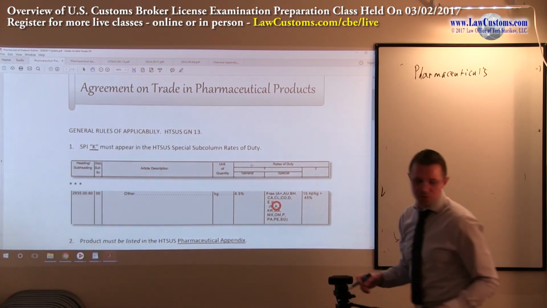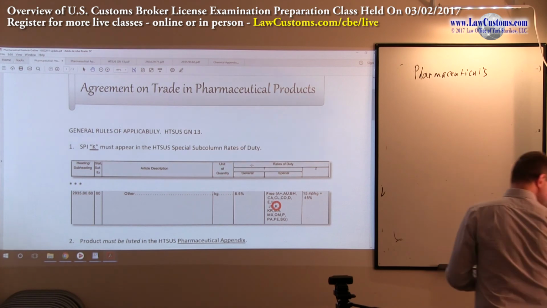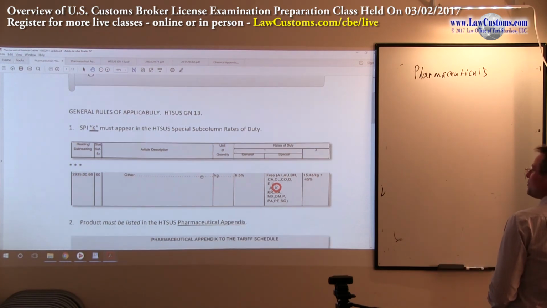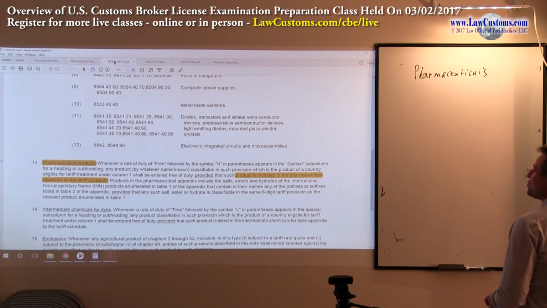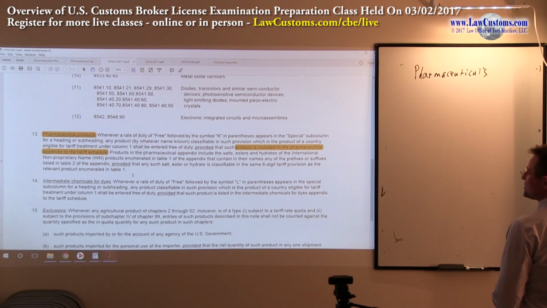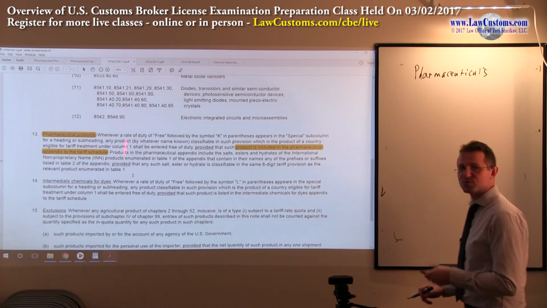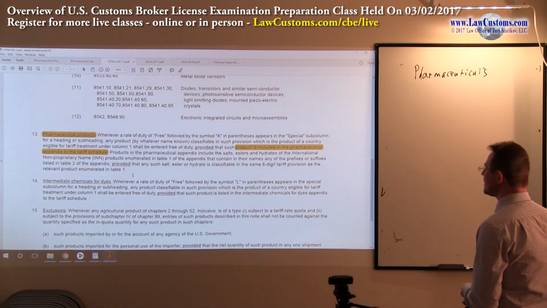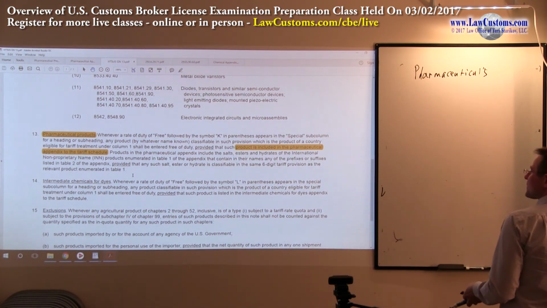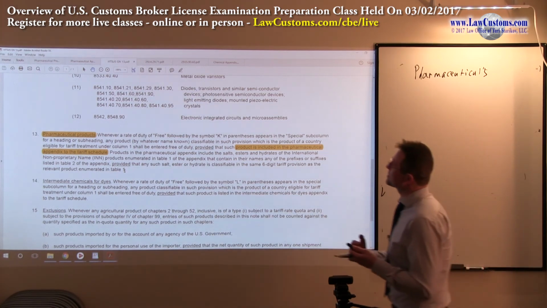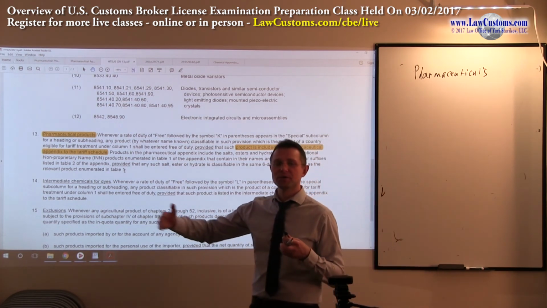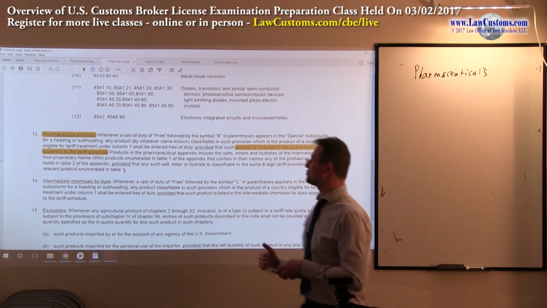So what's there to know about the pharmaceutical stuff? Well, it is covered in the General Note 13, and General Note 13 is relatively small provision. As you can see, it's just one short paragraph, whereas others span across sometimes hundreds and hundreds of pages.